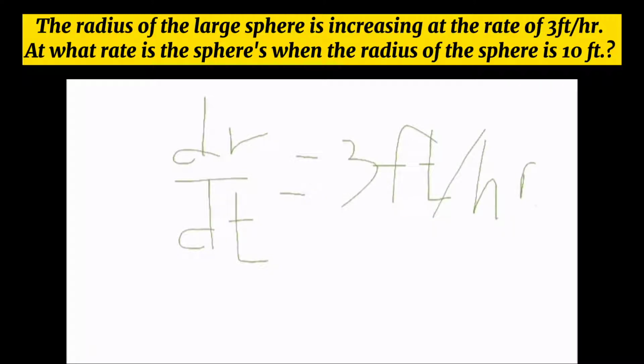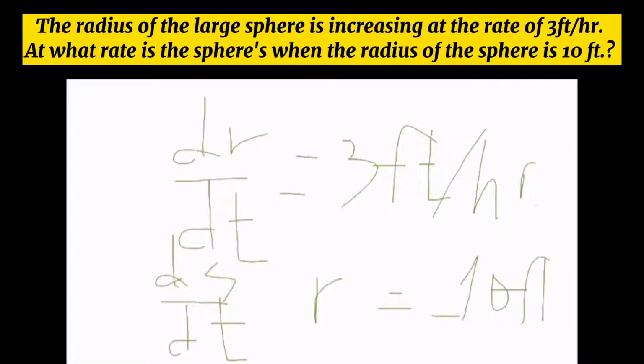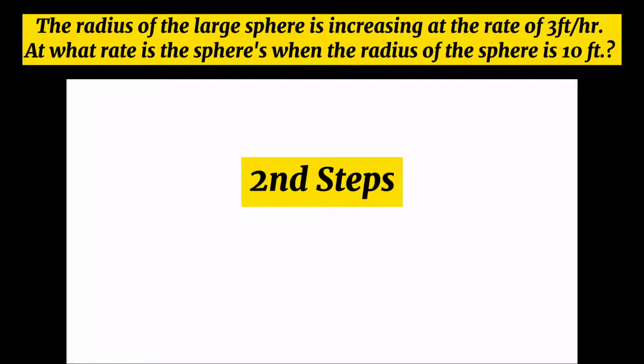Now we need to find ds over dt when r is 10 feet. Differentiate the surface area equation with respect to time.